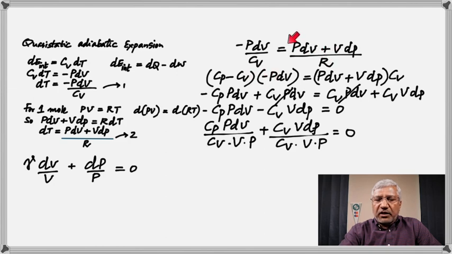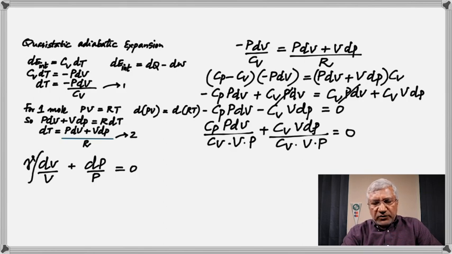That's why instead of R PdV, it's actually Cp minus Cv times negative PdV. And on the right side, it's just cross multiplication. Then do the algebra, and you see that these two terms cancel out. Whatever remains is this, and divide all three terms by this.